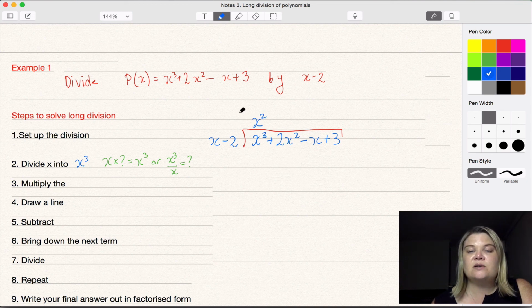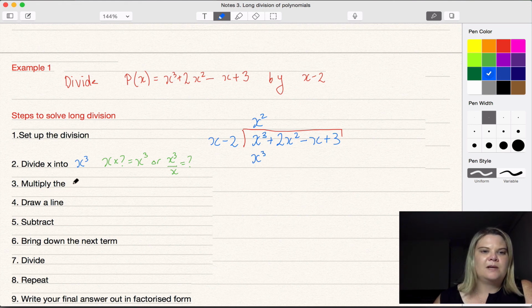But it's okay because long division has this really cool checking point in there to make sure that you're not making a mistake. So once we've worked out we think it's x squared, we go back and we multiply it again. So x squared times the x is x cubed, and we put that underneath here. So we multiply the x squared by the x.